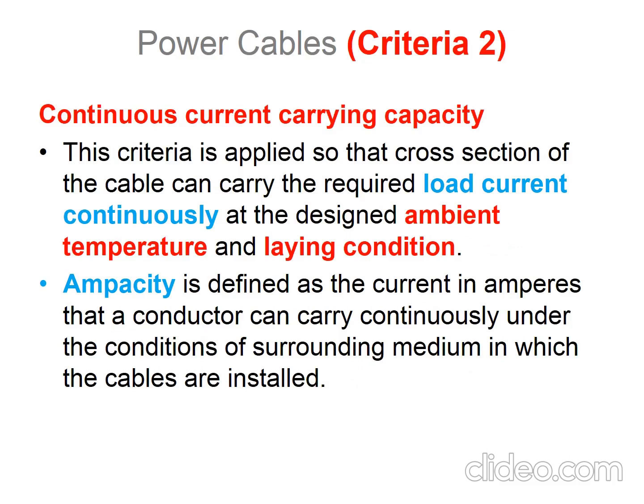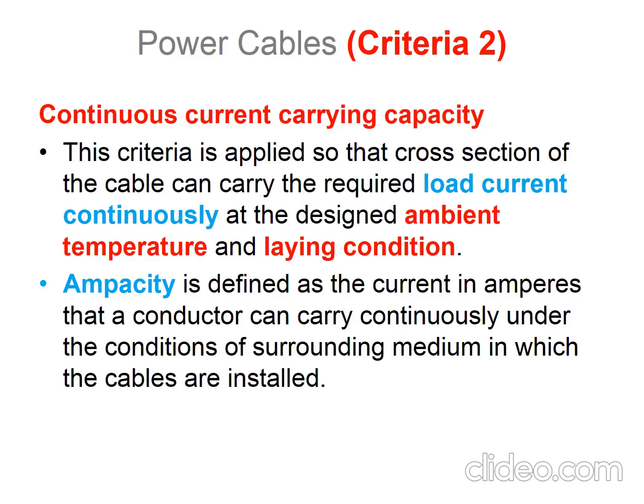So next we go to criteria number 2 for power cables, which is continuous current carrying capacity. This criteria is applied so that the cross section of the cable can carry the required load current continuously at the design ambient temperature and laying condition.